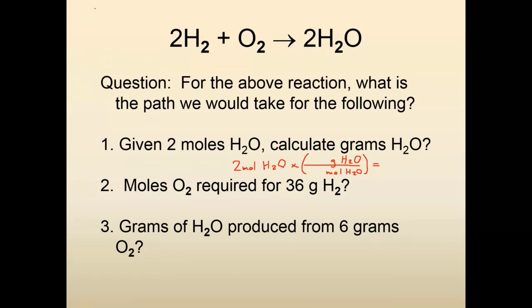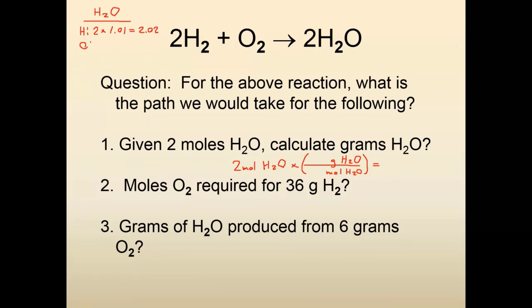So if I'm looking at water, I'm going to put the calculation up here in the upper right hand corner. I have two hydrogens, and each hydrogen has a mass on the periodic table of 1.01. That gives me 2.02.